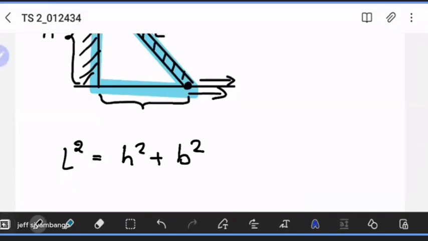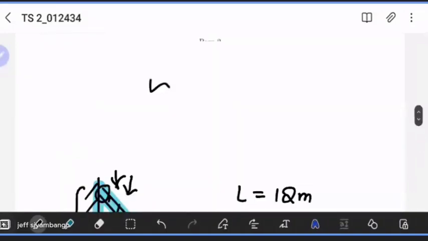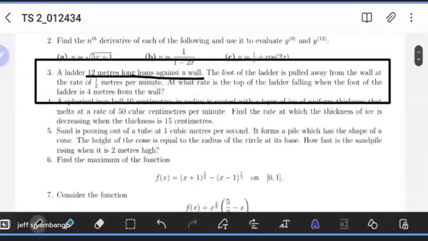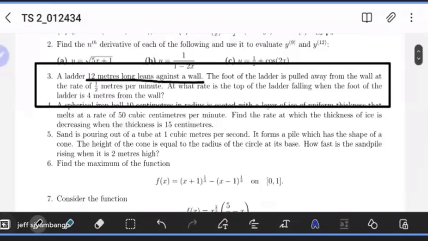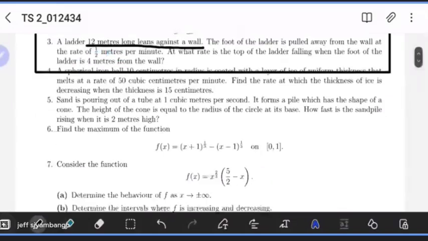Okay, what else do we have here? We can get the derivatives here. But do we want to get the derivative? What rate have we been given? Look at this. The rate that we've been given, it has been given in terms of what?